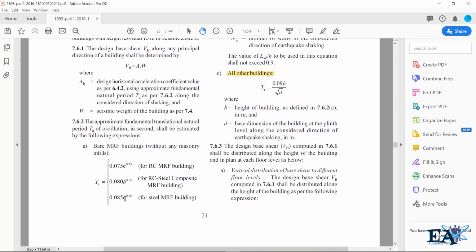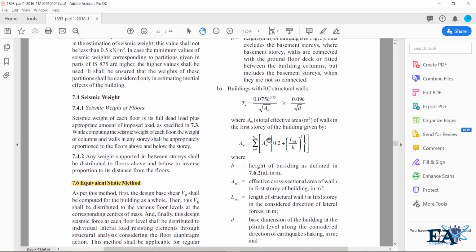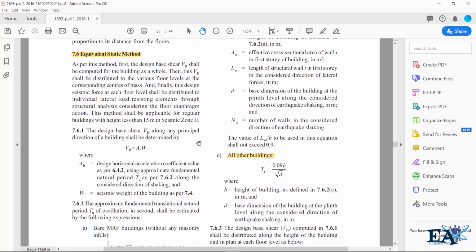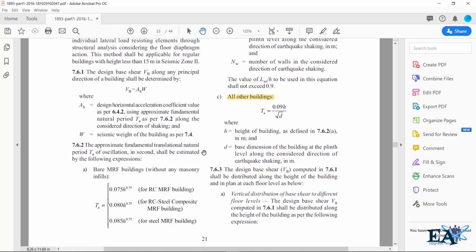For steel only, you use this formula. And for buildings with RC structural walls, that means buildings with a shear wall, you use this formula. And here comes our formula, that is all other buildings, which is our building as well, because it has a masonry wall and it is an RC MRF building. So we use this formula.